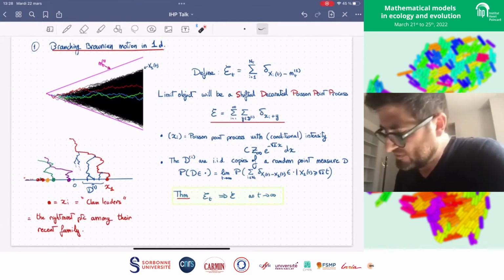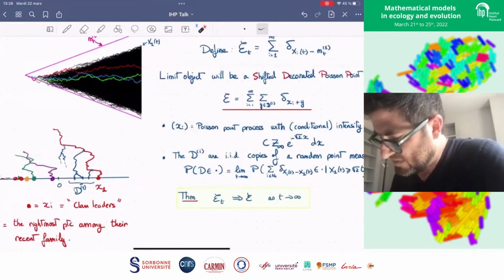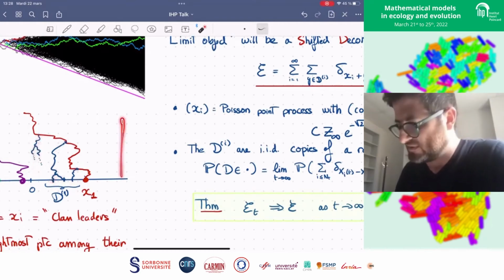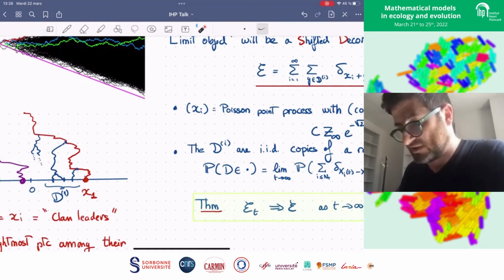For instance, if I look at this red particle, I can look at all the other particles which have branched off this red path less than t/2 units of time in the past, and which are still alive at time t.